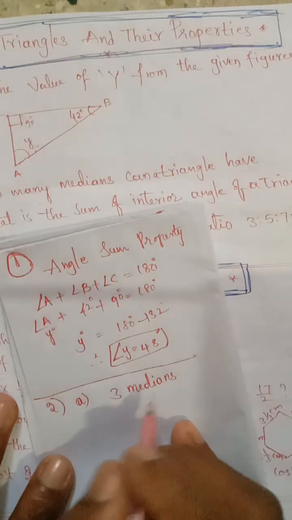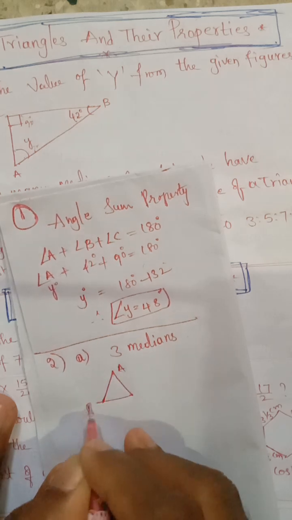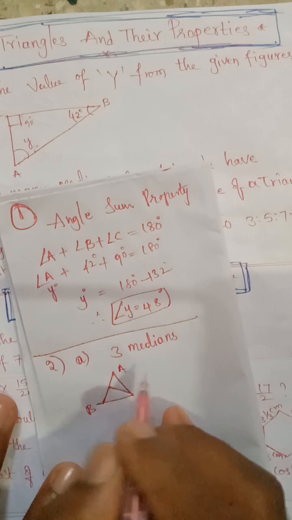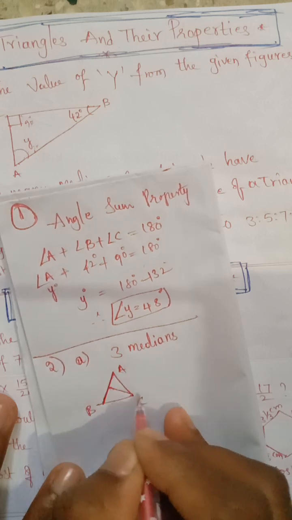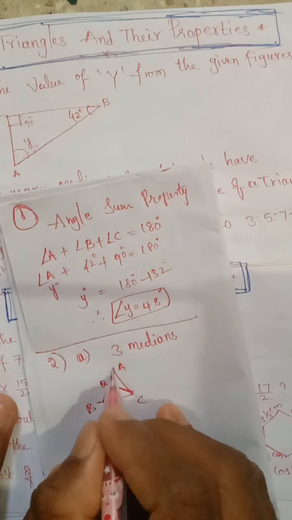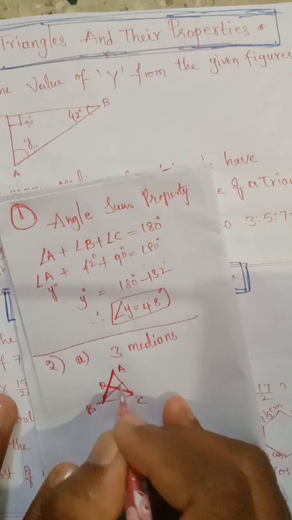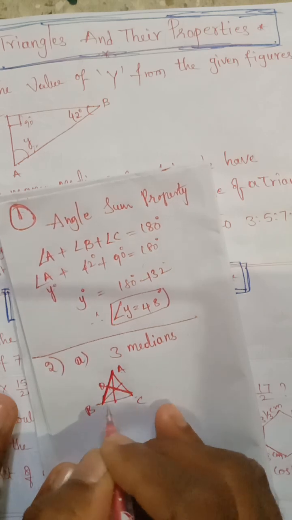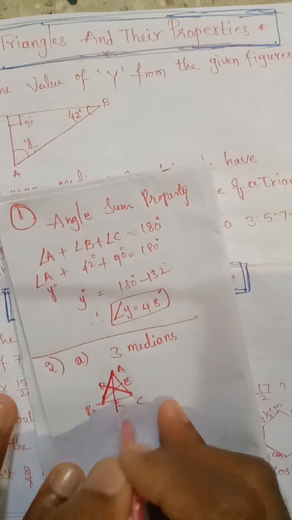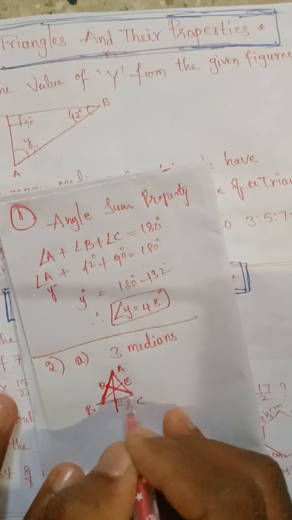For example, in triangle ABC, CD is a median to the side AB. Similarly BE and AF. D, E, F are the midpoints of the opposite sides.